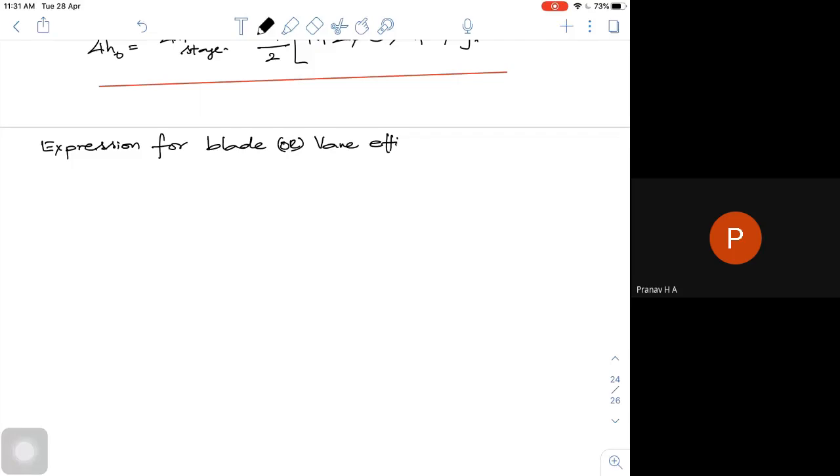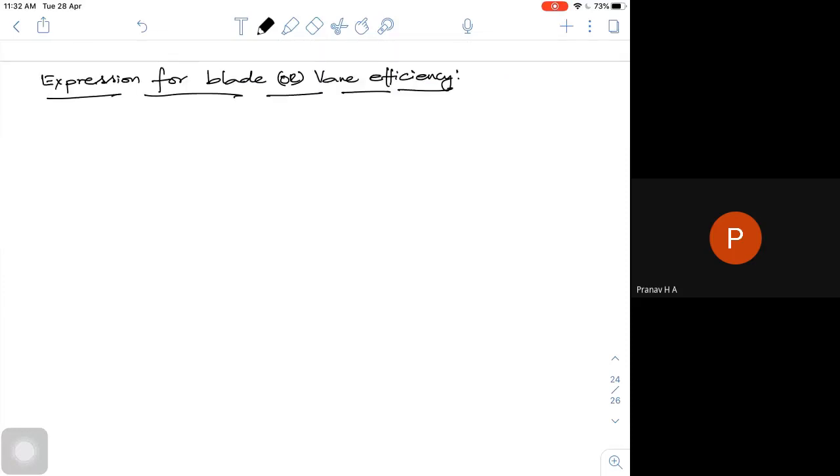So I am doing it in detail. Why I am doing this particular thing: in your undergraduate course, steam turbines in your turbo machines course is very often simply left for you people to study. So when you come to master's level, this becomes basics for you. So that's why I'm doing this expression for blade or vane efficiency in detail.